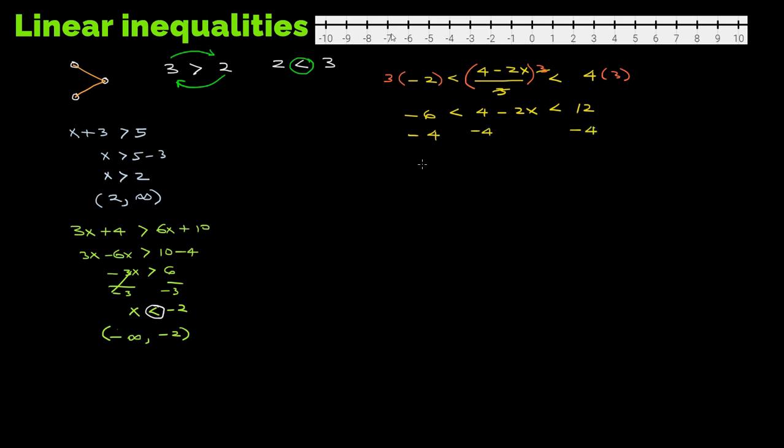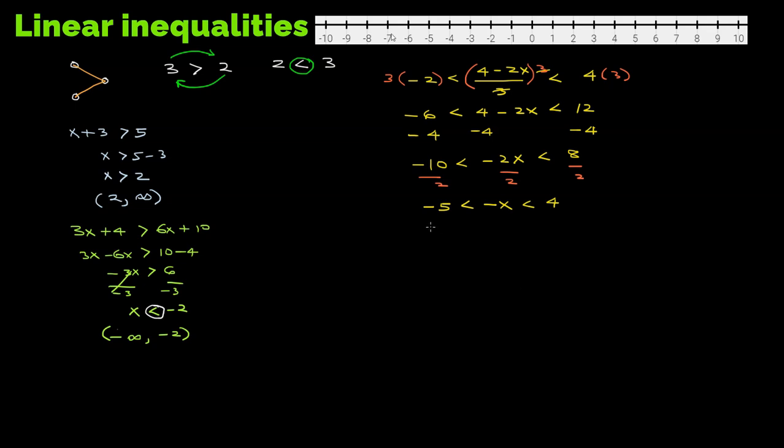So we get negative 10 is less than, the 4 cancels out, negative 2x is less than 8. Cool. Let's leave the negative first. Let's divide everything by 2. We get negative 5 is less than negative x is less than 4.